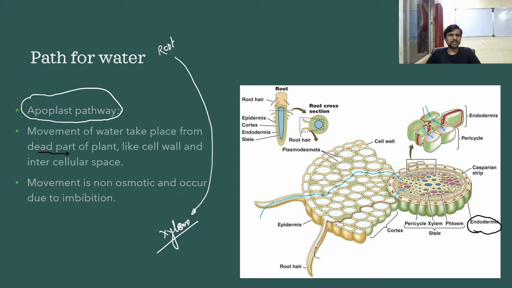The movement is non-osmotic and occurs due to imbibition. What is meant by imbibition? Imbibition means absorption of water molecules due to the nature of an object or chemical, due to the hydrophilic nature of a substance.